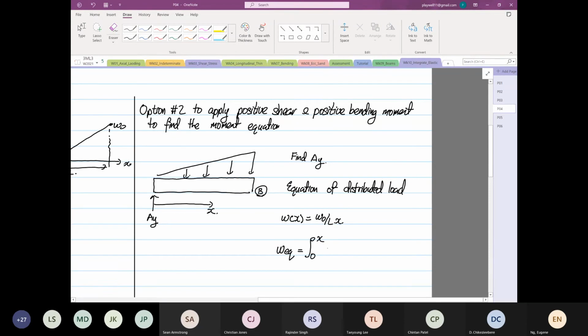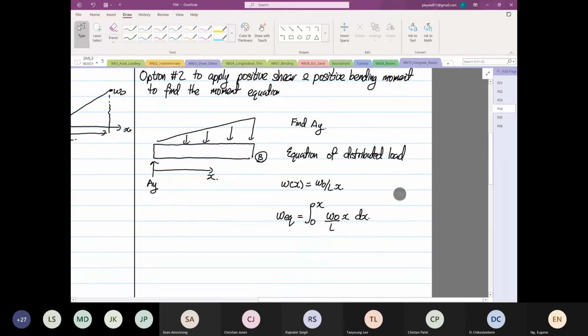So this is omega naught x squared over 2L. So equation number 1, equation number 2. Equation number 2 is the equation of your distributed load.